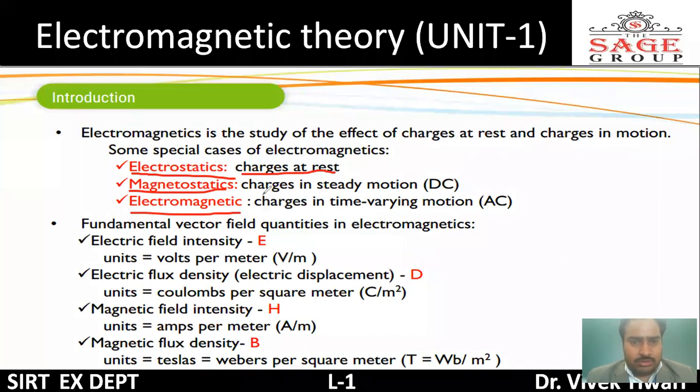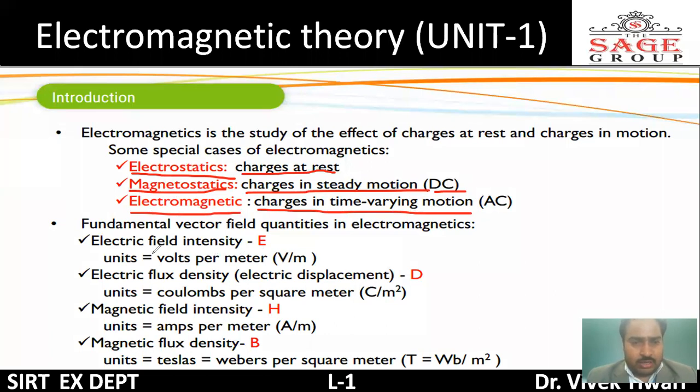When charge is in motion, moving somewhere in a DC manner, then it comes under magnetostatics. If charge is in time varying motion, that means the charge is moving with respect to time, then it comes under electromagnetic.